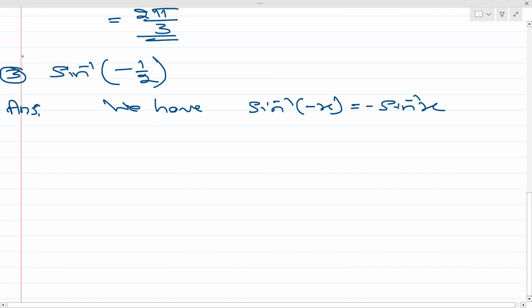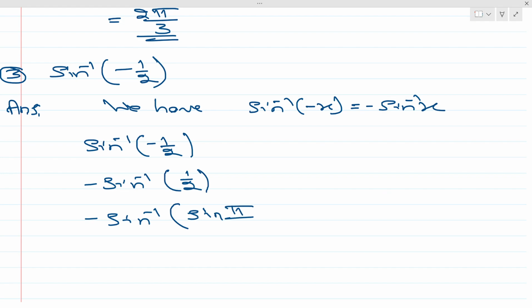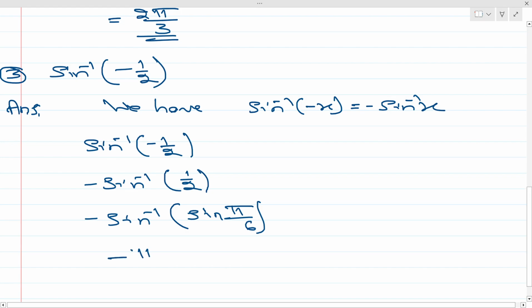Therefore, sine inverse minus 1 by 2 is minus sine inverse 1 by 2, and sine inverse 1 by 2 is sine 60 degree, sine pi by 6. So sine inverse and sine cancels. Answer is minus pi by 6.